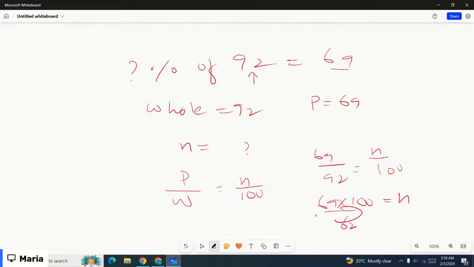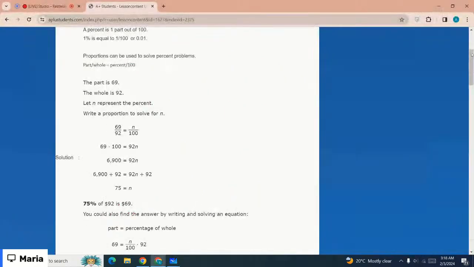Here you have 69 times 100 divided by 92. Here I was using 62, right? What's wrong with the whiteboard? So 69 times 100 divided by 92 is 75%. That means 69 is 75% of 92.